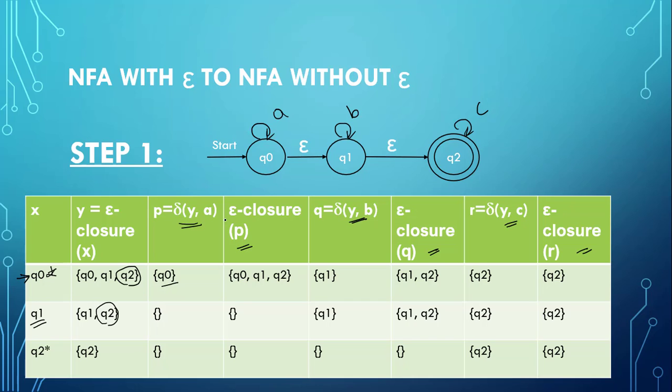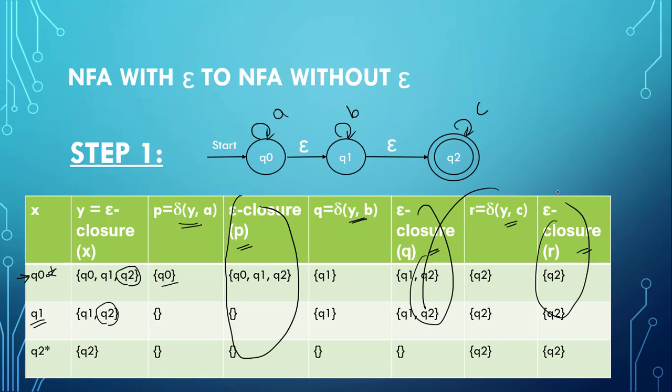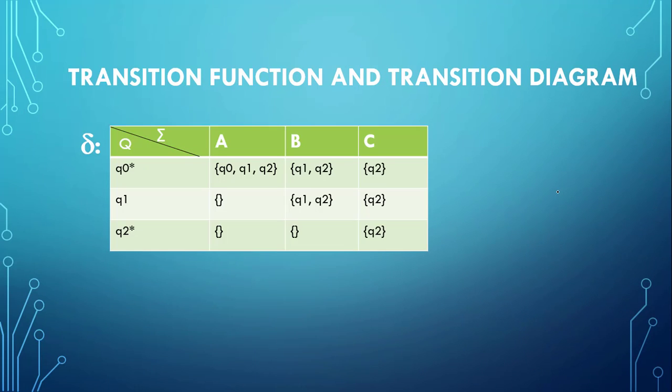So let us take the epsilon closures of P, Q and R to convert our NFA with epsilon to NFA without epsilon. So here is our transition table. We have Q0, which is our start state. Then we have the epsilon closures of P, Q, R respectively appearing under A, B and C, which are our input alphabets.